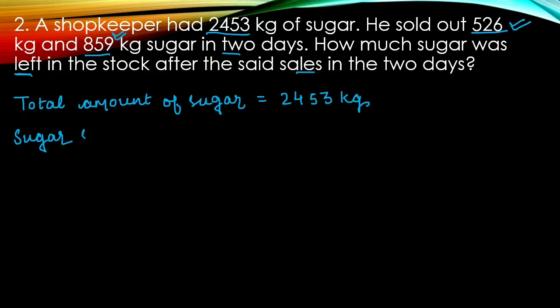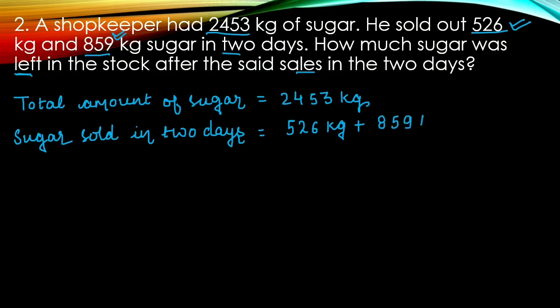Sugar sold in 2 days is equal to 526 kg plus 859 kg. So we have to find out the sum of these two numbers.